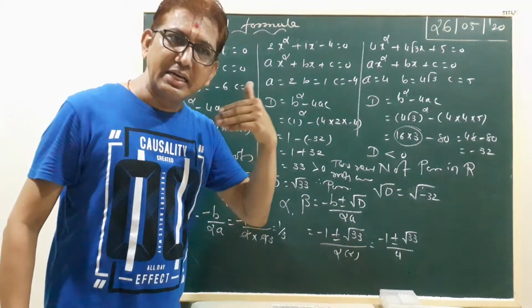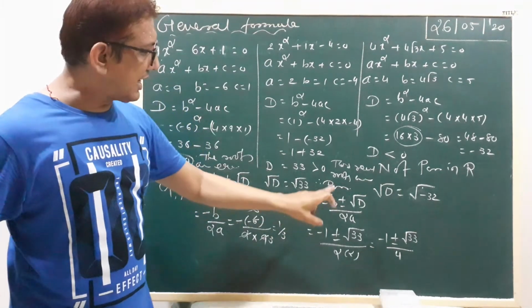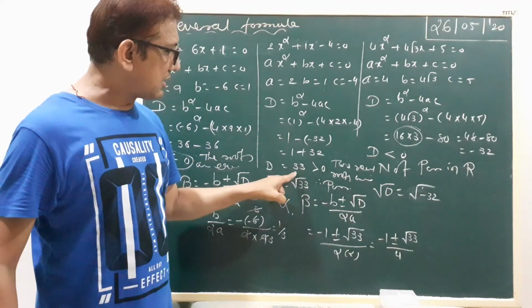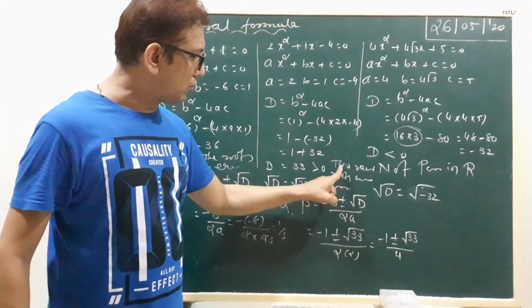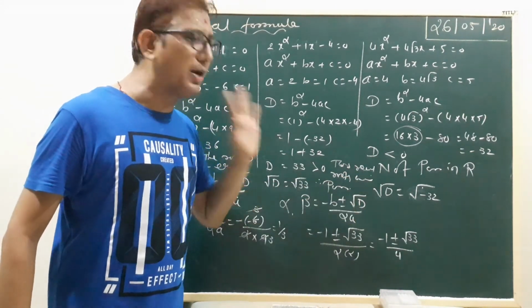You can say rational or irrational, anyone. You can also write two irrational real roots. Since 33 is not a perfect square, the roots are irrational. Two real irrational roots are possible.